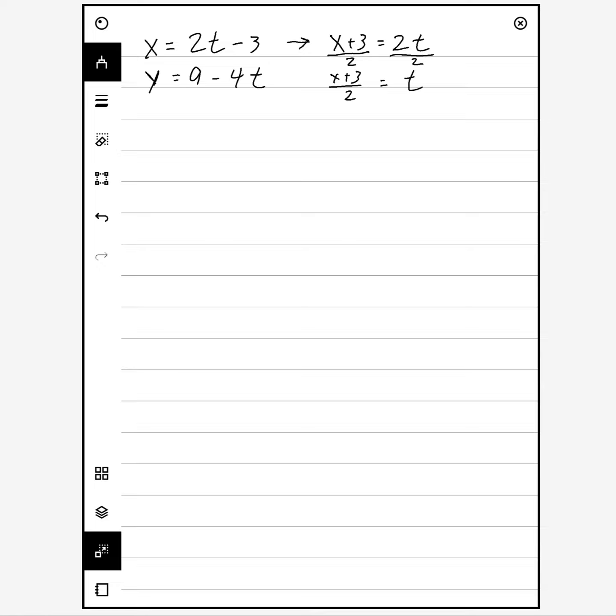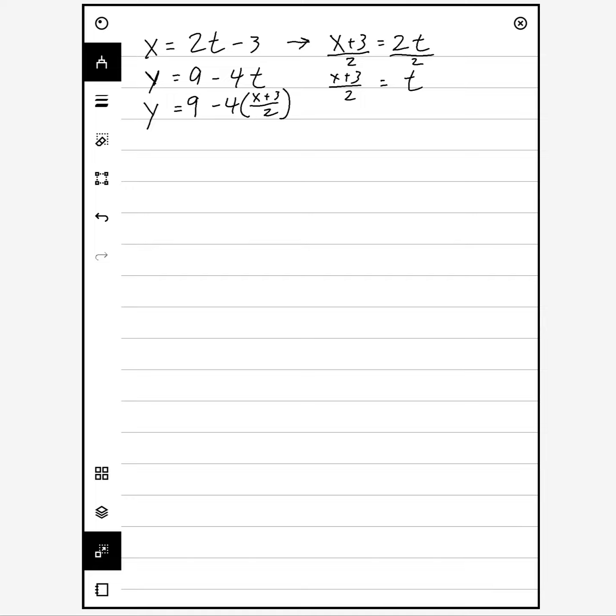Okay. Now that we have what t is equal to in terms of x, I'm going to substitute t in the y equation with this value. So let's rewrite y is equal to 9 minus 4, and then in parentheses, because we're substituting t for this new value, x plus 3 over 2.